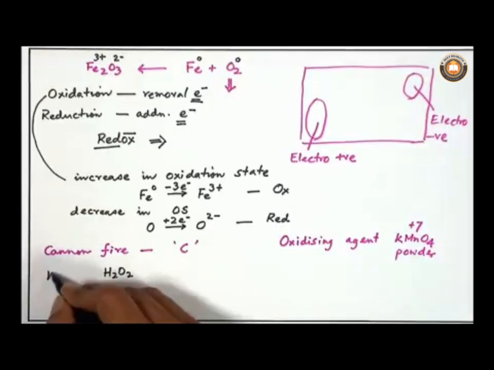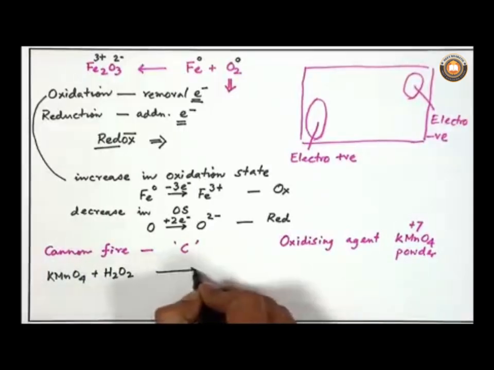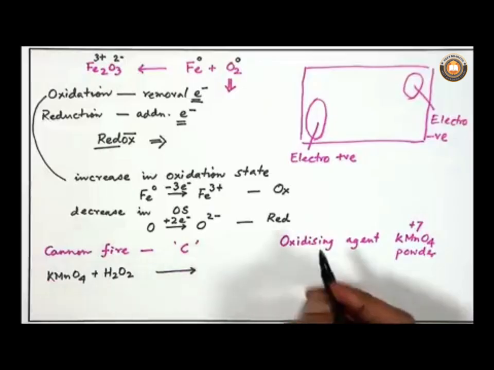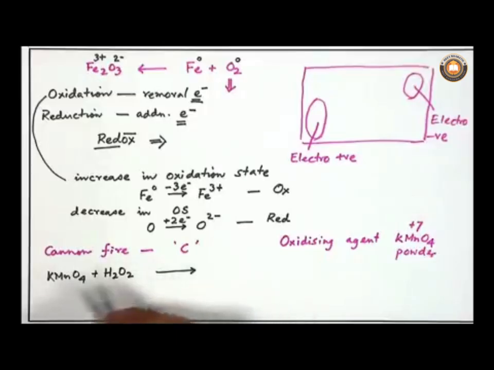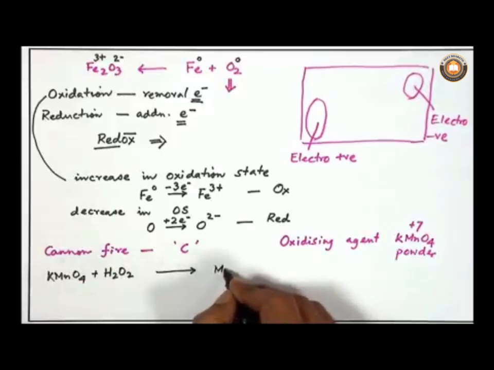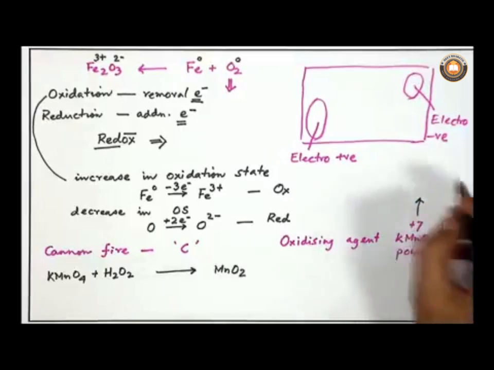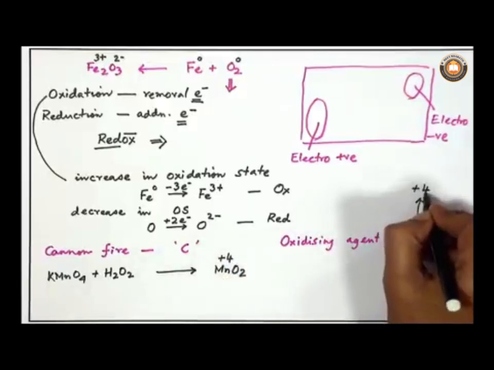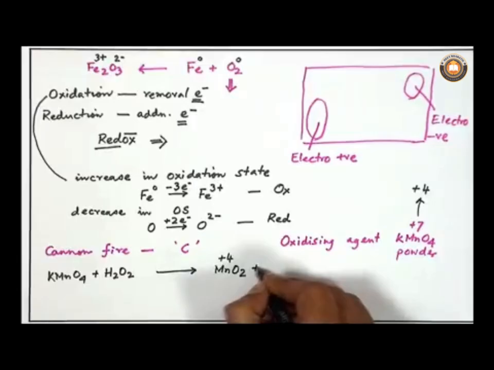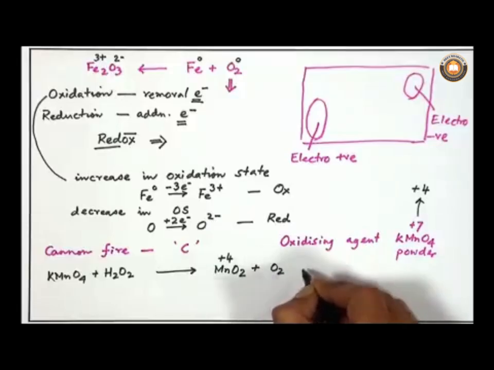So, the reaction we are thinking of, in a different way for the typical fire, is some firing or burning process. What will happen? The KMnO4 will be available for its reduction reaction, because the manganese is already in the +7 oxidation state. So, it will go down to +4 oxidation state in MnO2, and this hydrogen peroxide will be available for the production of O2.